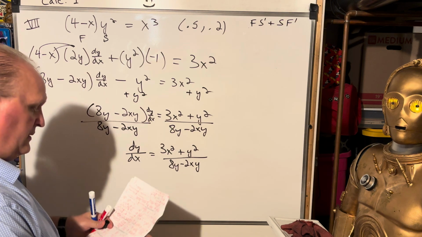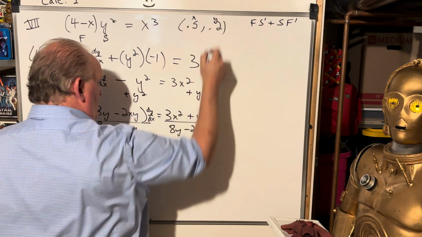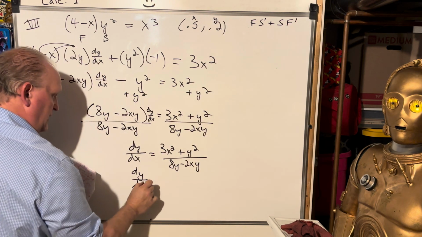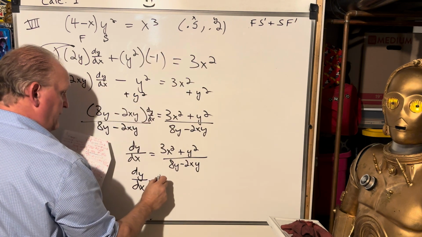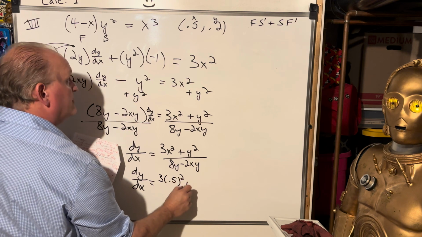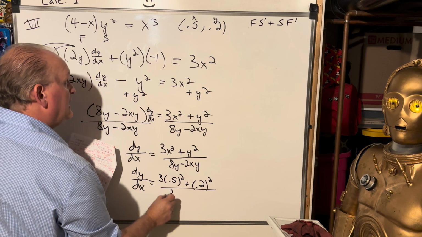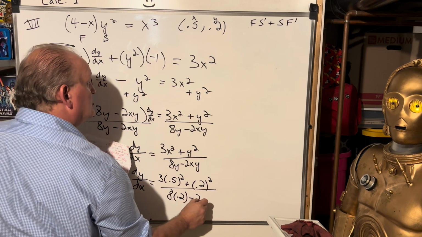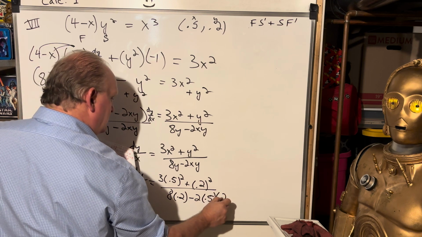Okay, and now we just sub in this for x and this for y. And that'll give us the instantaneous rate of change at 0.5. So 3 times 0.5 squared plus 0.2 squared over 8 times 0.2 minus 2 times 0.5 times 0.2.